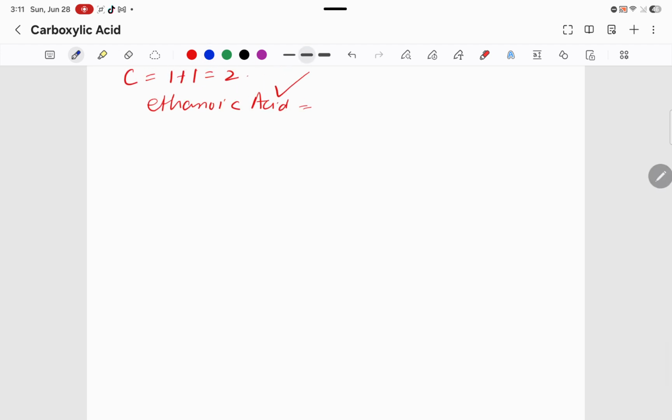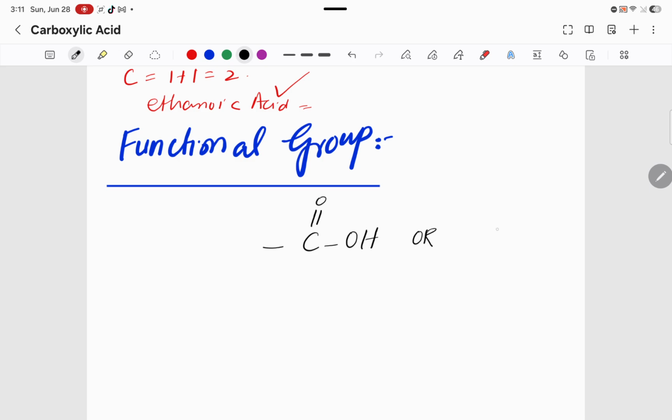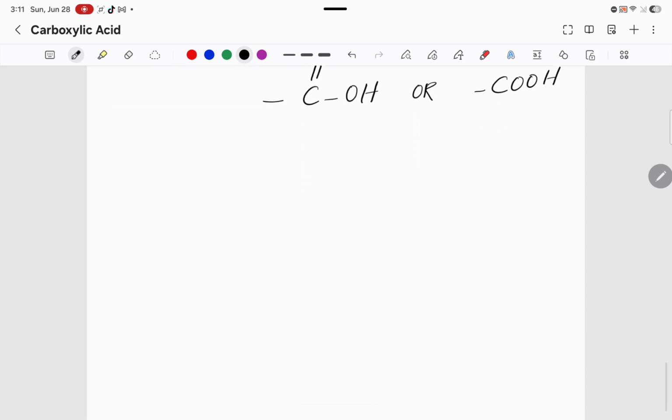As we have discussed earlier, of course, the functional group is C double bond O, OH, or we can also write it in this way. Okay, how to name carboxylic acid?